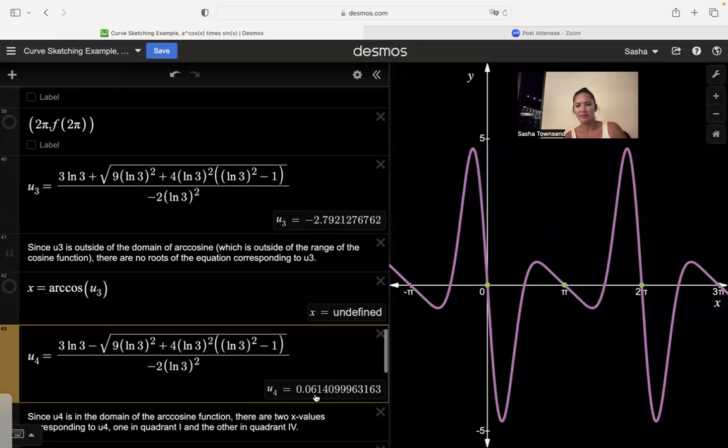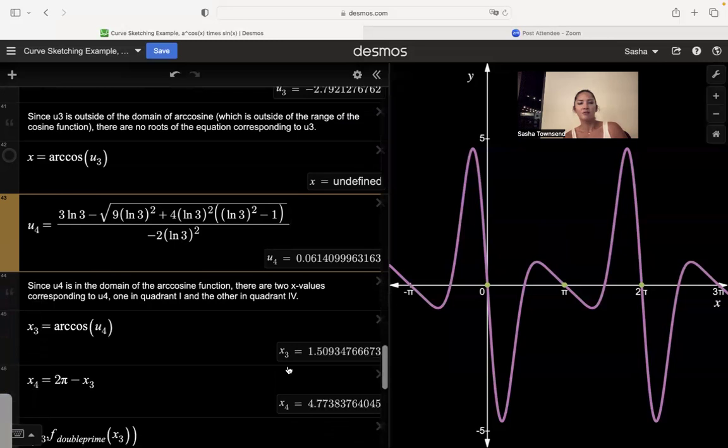Cosine values are between -1 and 1. And so there are actually going to be two x values on the interval from 0 to 2 pi when our cosine value is 0.06. So to find those, we take the arc cosine of U4, which gives us approximately 1.509. And then that's in quadrant 1. And that's what the arc cosine gives us. It always gives us an angle between 0 and pi, so it gives us an angle in quadrants 1 or 2.